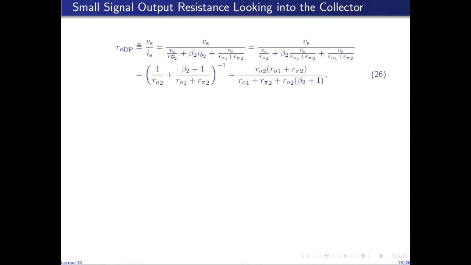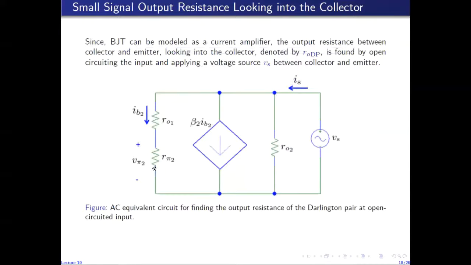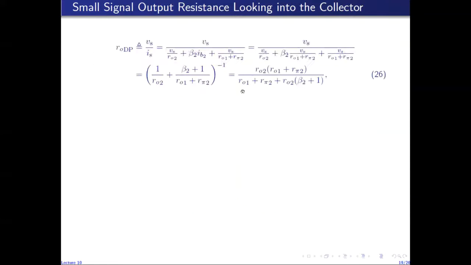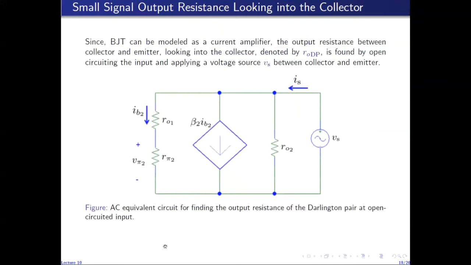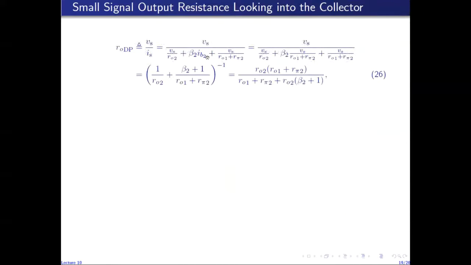IB2 in turn is the current through R pi 2 and hence R01. IB2 is the current through this branch, and the current through this branch is Vs over R01 plus R pi 2. So I can replace IB2 with this term, Vs over R01 plus R pi 2.